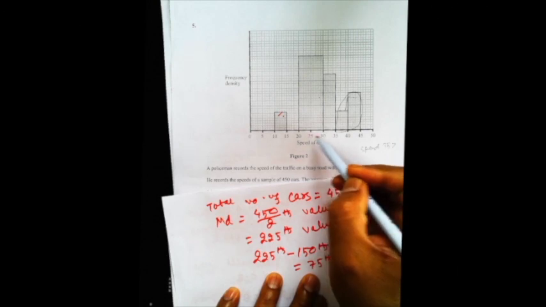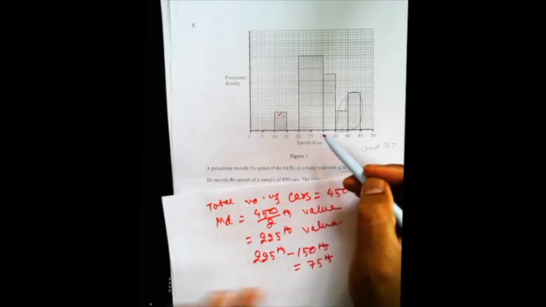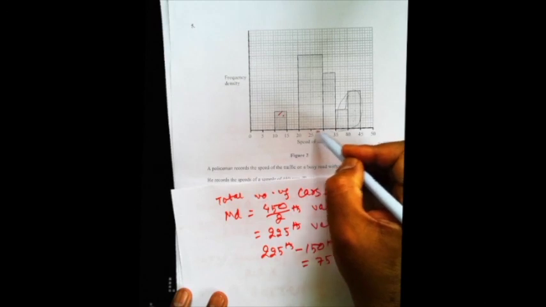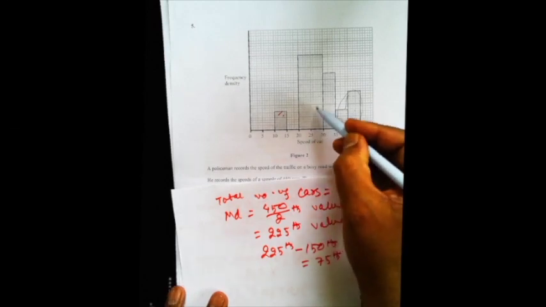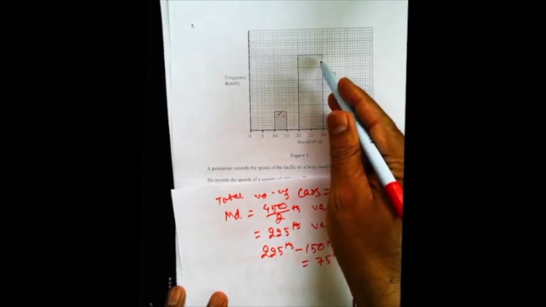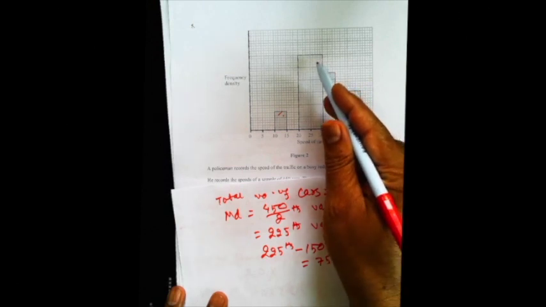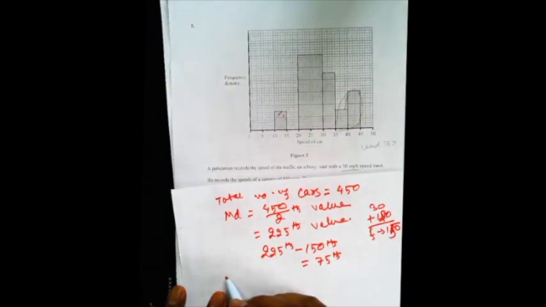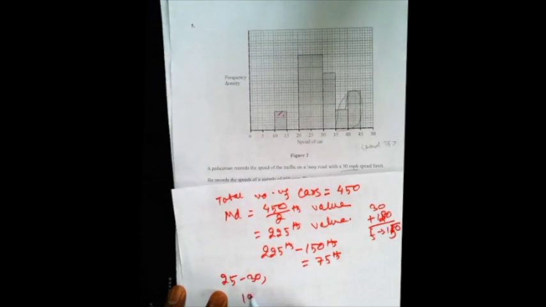Okay, so it is 25 to 30. So let's see here. This 25 to 30 has frequency 1, 2, 3, 4, 5, 6, so 6 times 20, which is 120. So in that class interval 25 to 30, the total frequency is 120, and out of 120 we have to check for the frequency value 75.